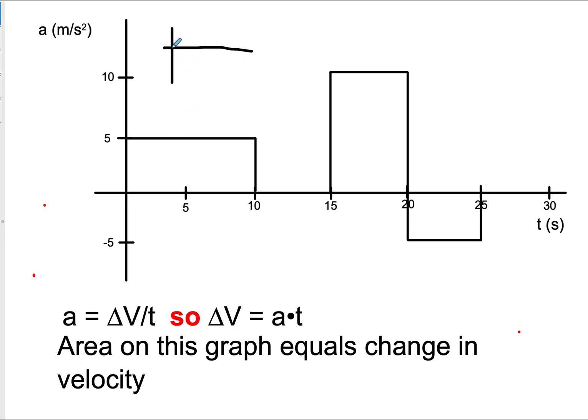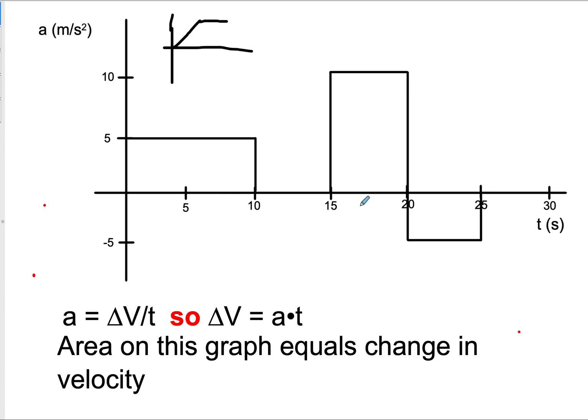Because it is accelerating, the velocity would be increasing the whole time until it got to 10, and the velocity at 10 would be 50 meters per second. Then from 10 to 15 on the v versus t graph, it would go flat because the acceleration is 0, so the velocity would stay flat.